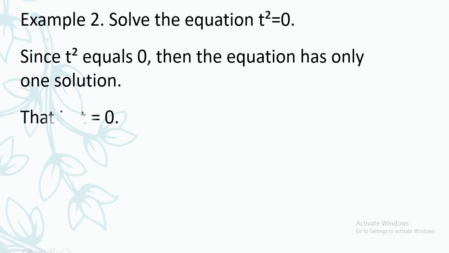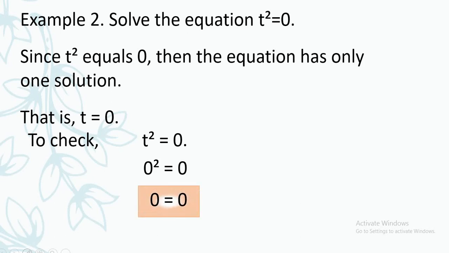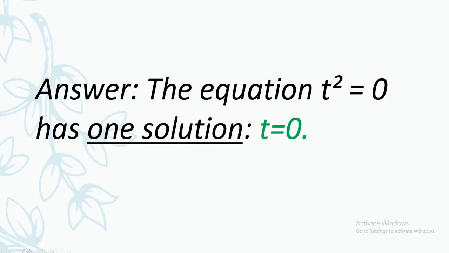So that is t is equal to 0. To check it, substitute the value of t into t squared, then 0 is equal to 0. Answer: the equation t squared is equal to 0 has one solution, t is equal to 0.